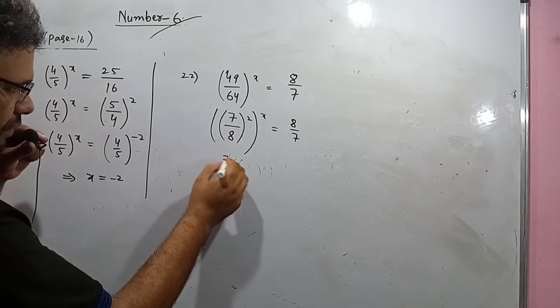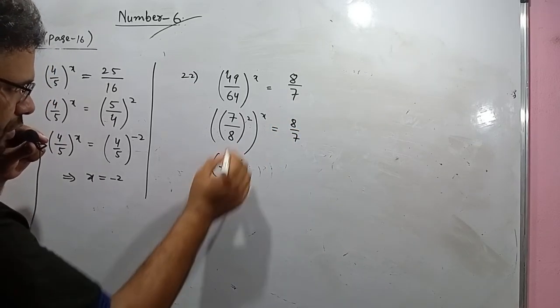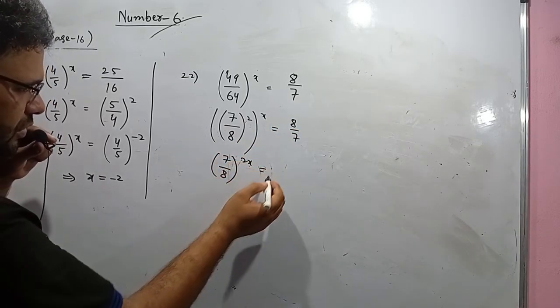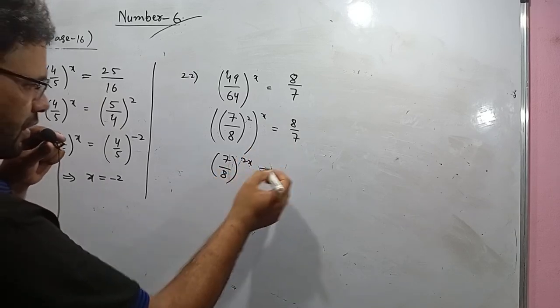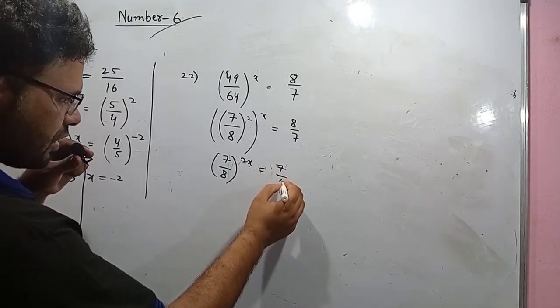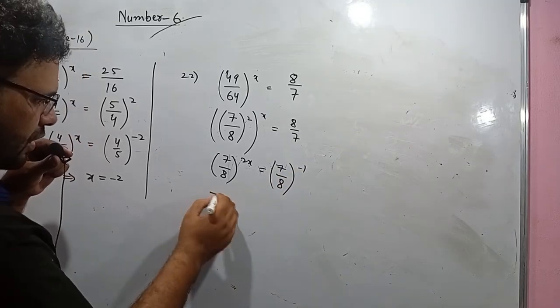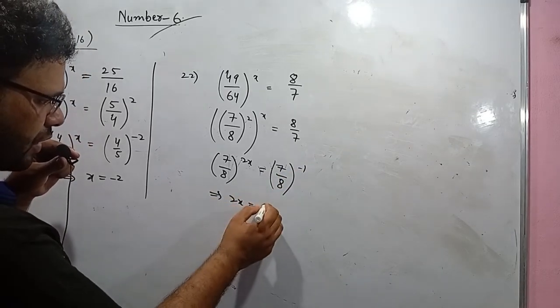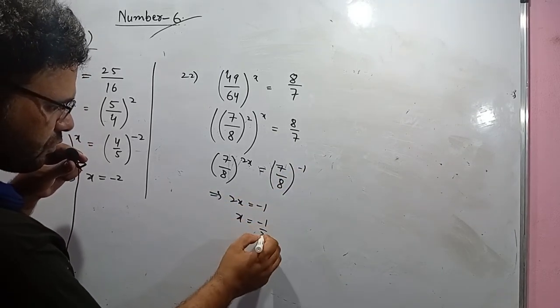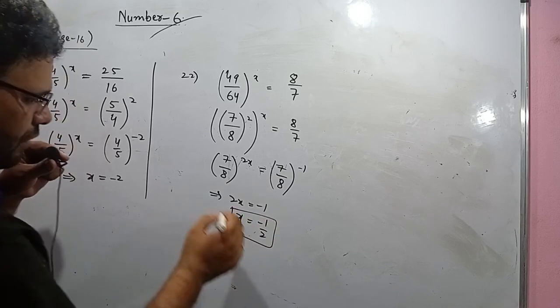So it will become (7/8) whole power 2 into x, 2x, is equal to, here I would like to make it same, that is 7/8. I am writing here the reciprocal, so I should write here -1. It implies 2x equals to -1, x equals to -1/2. So it is the value of x.